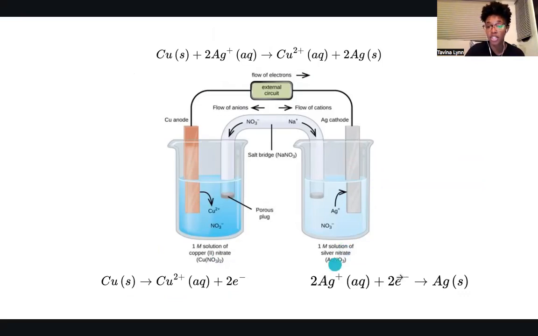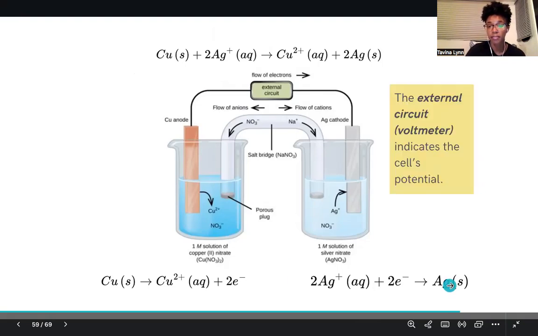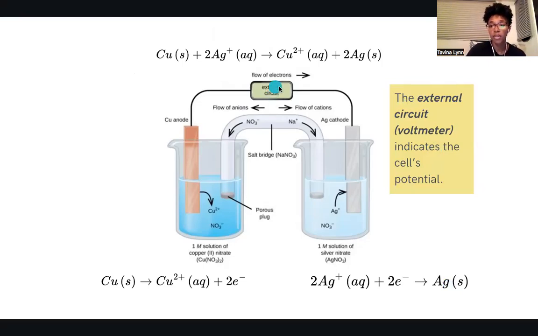So this is our reduction half reaction, where we have silver plus receiving or consuming 2 electrons to produce silver solid. So this is our oxidation half reaction. This is our reduction half reaction. The external circuit, or you may see a voltmeter here, indicates the cell's potential. It's a measure of the electron flow from the anode to the cathode.